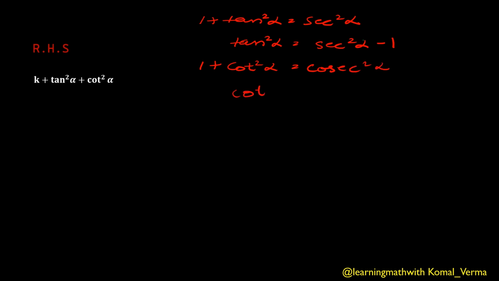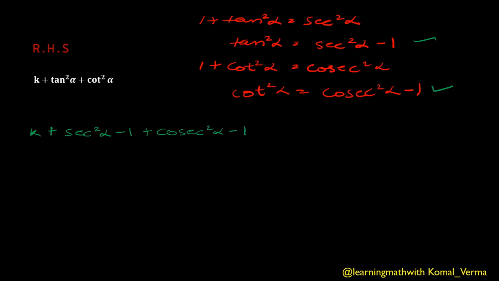Therefore, the value of cot square alpha becomes cosec square alpha minus 1. Use these values in this equation, we get k plus sec square alpha minus 1 plus cosec square alpha minus 1.